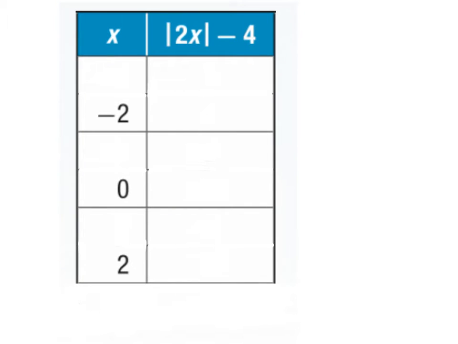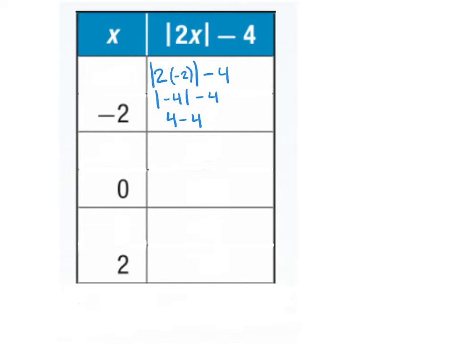So we plug in -2 for x, so we have the absolute value of 2 times -2 minus 4. What is 2 times -2? -4. What's the absolute value of -4? 4.